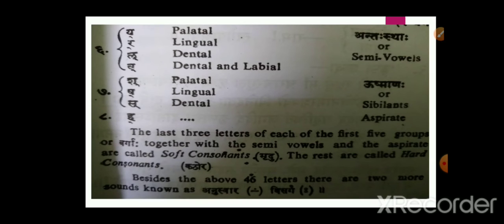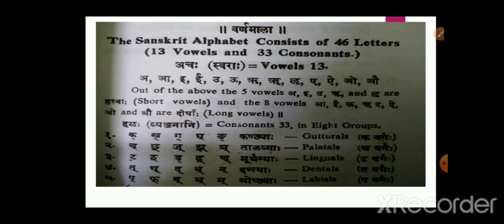So I'll just revise what I have discussed now. We have seen that in total in Sanskrit we have 46 letters. Among 46 letters, 13 are vowels and 33 are consonants. These 13 vowels are called achaha or swaraha.